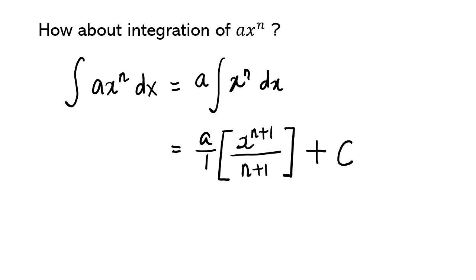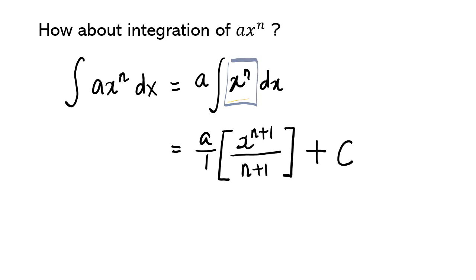What we have done is just integration of x to the power of 2, x to the power of 3, x to the power of 4. If you have a constant, such as 2x cubed, or 1/2 x to the power of 4, how do you integrate it? The method to use is still the same. All you need to do is bring the constant a out of your integration sign, and then apply the rule to integrate x to the power n.